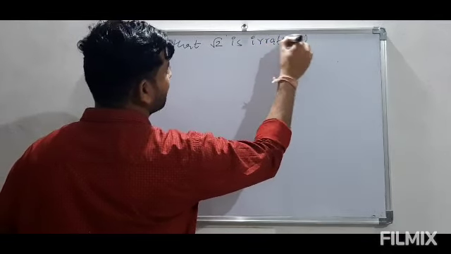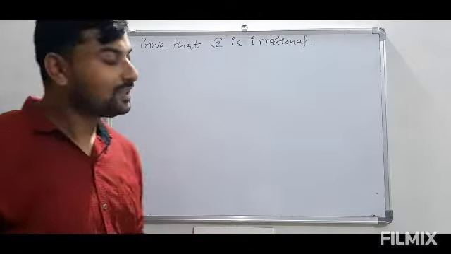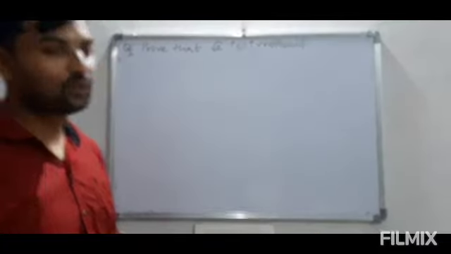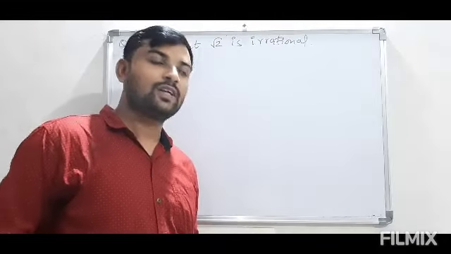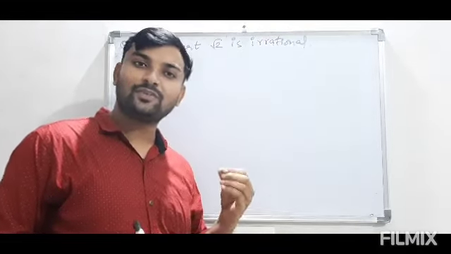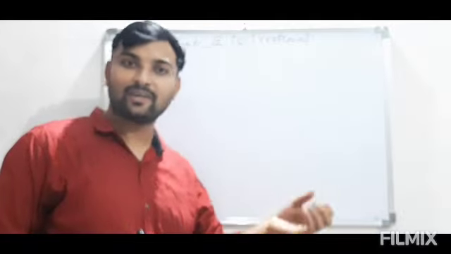The method we are going to use is called the contradiction method. Contradiction method means whatever we want to prove, we assume the wrong side of that, the opposite of that.